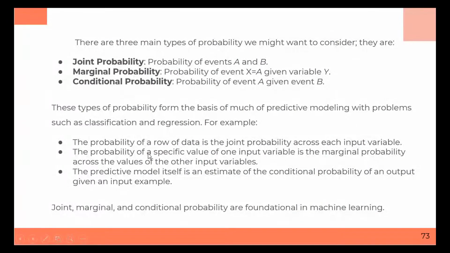Here we go. The probability of a specific value of one input variable is a marginal probability across the values of the other input variables. Across, we are saying, so we are going to take all the variables. Next, the predictive model itself is an estimate.